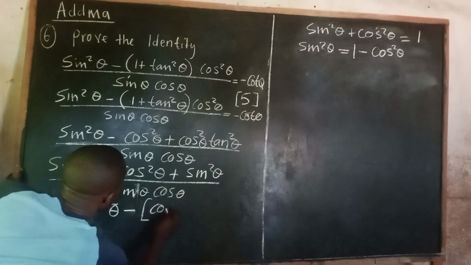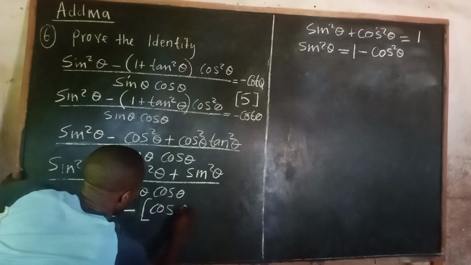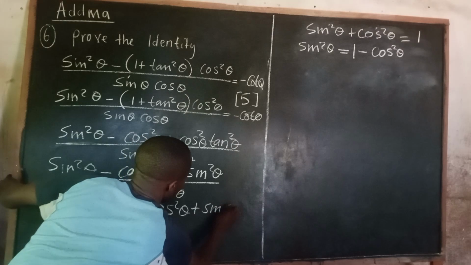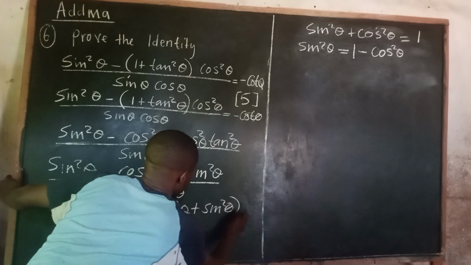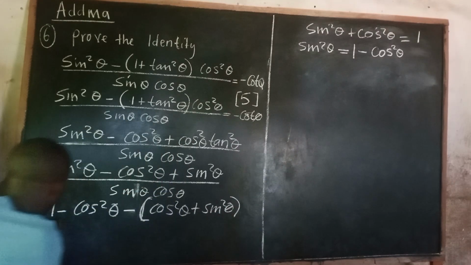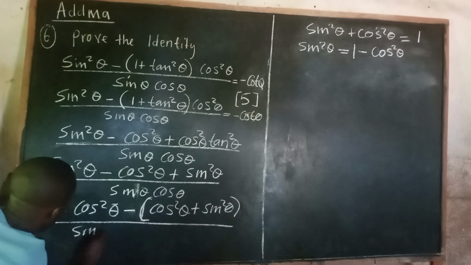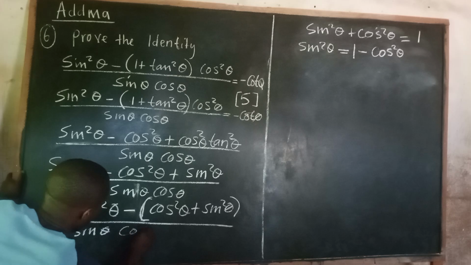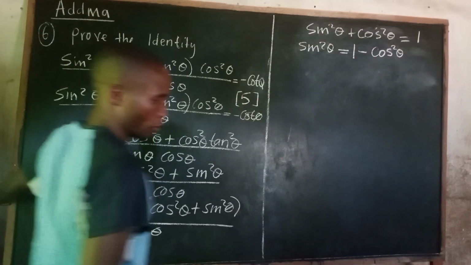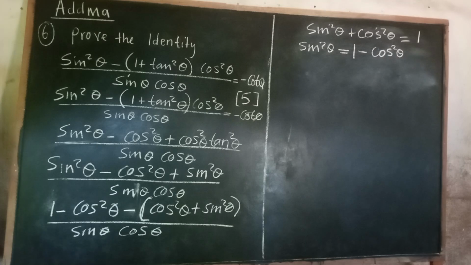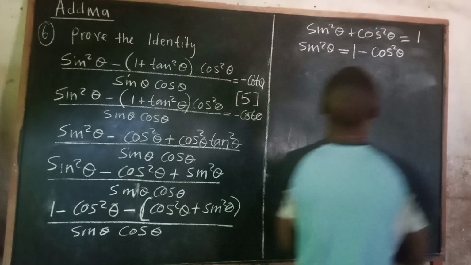Then cos theta squared plus sine theta squared, close. Okay, over sine theta cos theta. Okay, so we are going to proceed. Okay, this is our new expression.